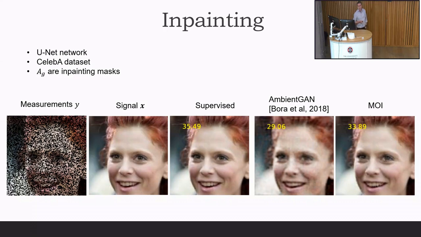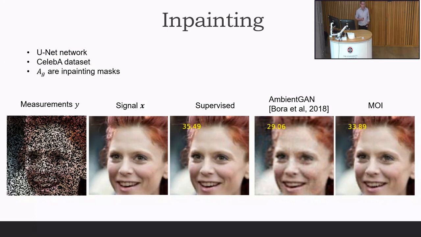So we're throwing away a large number of pixels. This is the original image. Again, supervised learning is able to fill in most of the pixels and give us a PSNR of about 35.5. Ambient GAN, using an adversarial network solution, gives us about 29 dB, but again we're roughly 1.5 dB off the supervised learning.